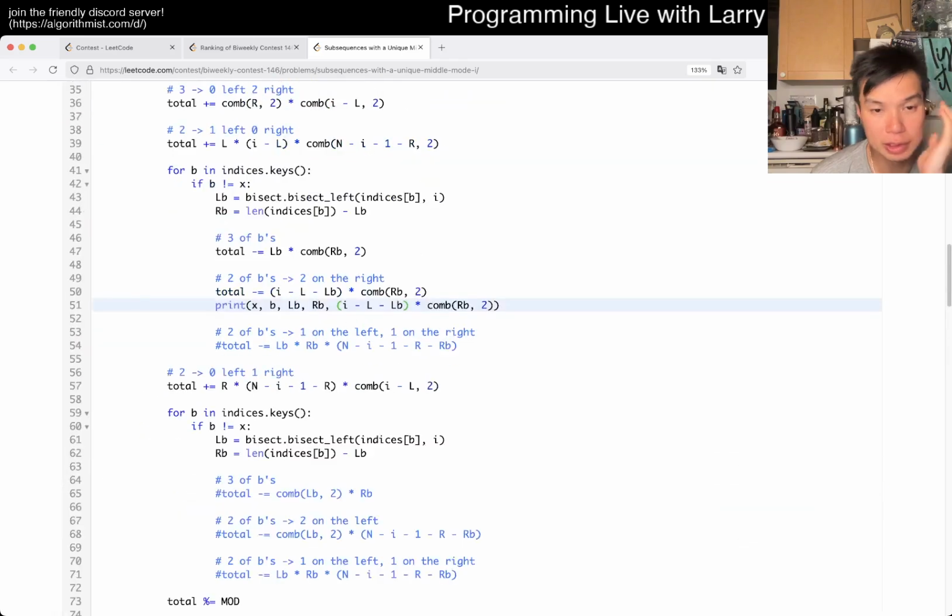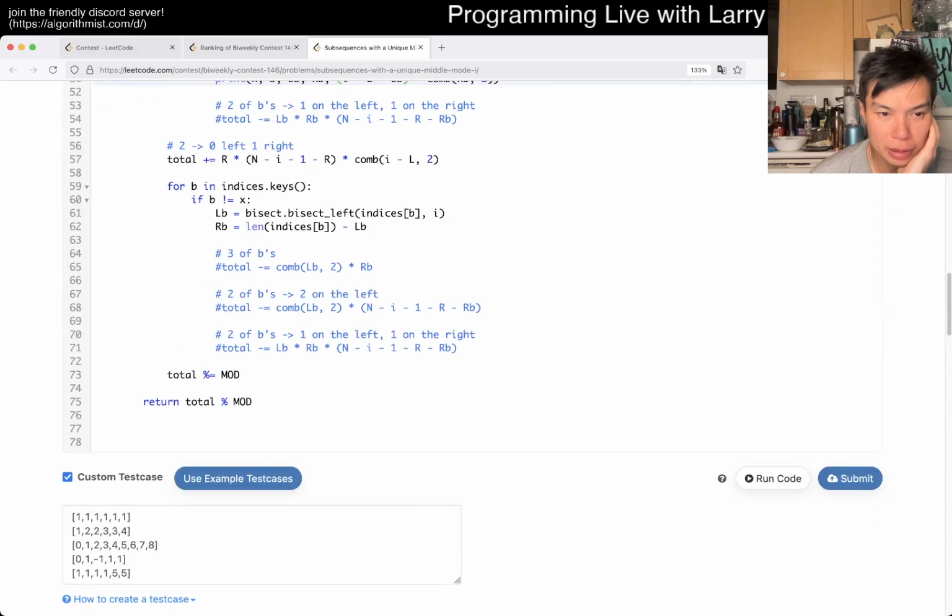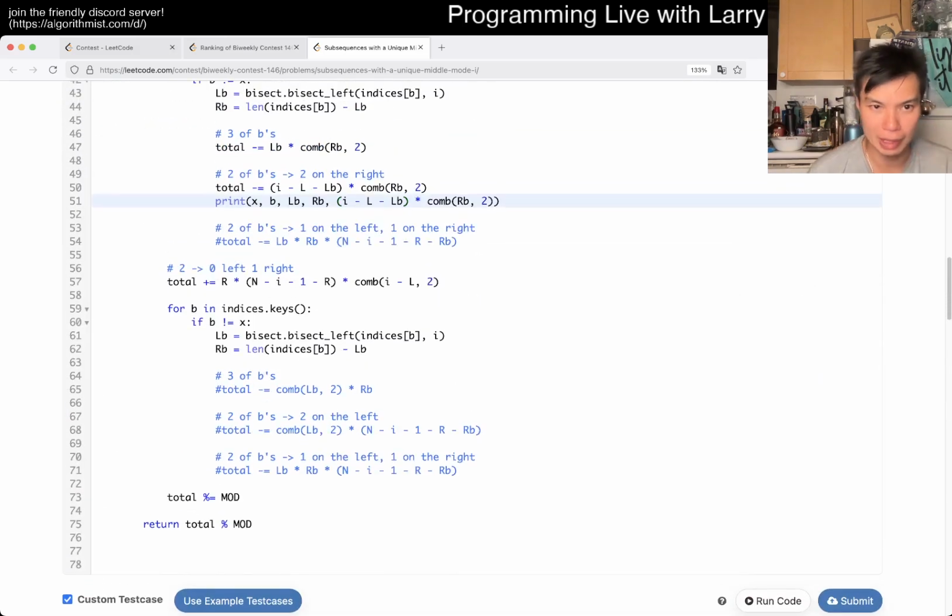LB is 0, which is true. On the right side is 2, that's fair. This is 1, okay. But then LB should still be 0. I'm really bad at this. I really need better debugging things.